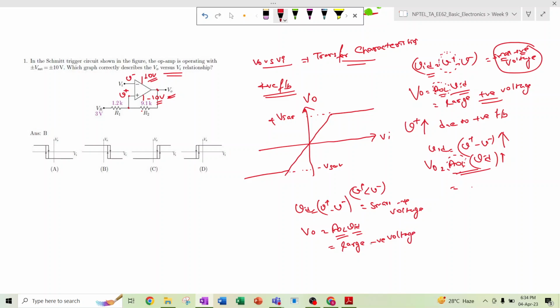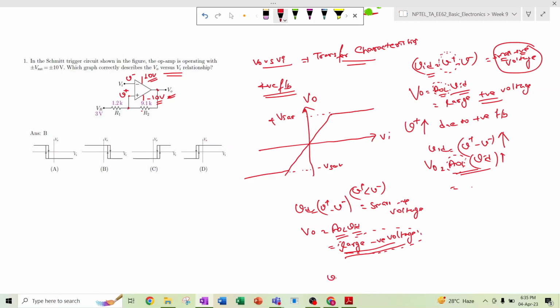Okay, so some amount of this large negative voltage, why? Because there is a voltage division. So at VO, there is R2 and there is R1, so we can apply the voltage division rule, and we can say that a certain fraction of this large negative voltage is again fed to V plus.